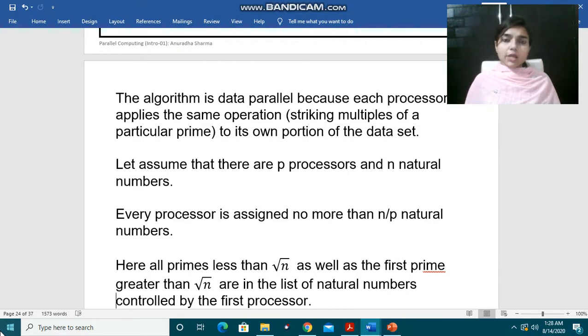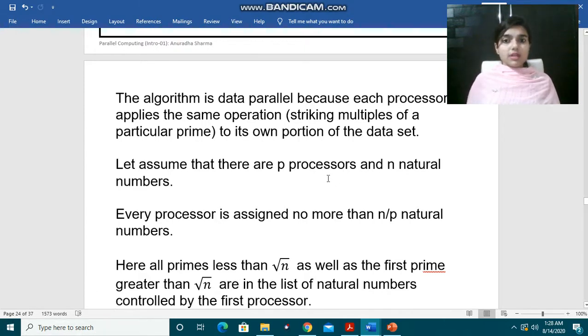Now the question arises: if we have a number of processors, how do they communicate with each other? There are two ways, either through shared memory or message passing. We will assume that in the data parallel approach, the processors communicate using message passing.